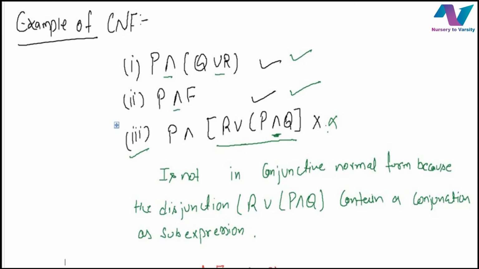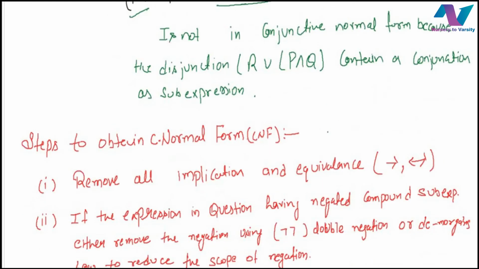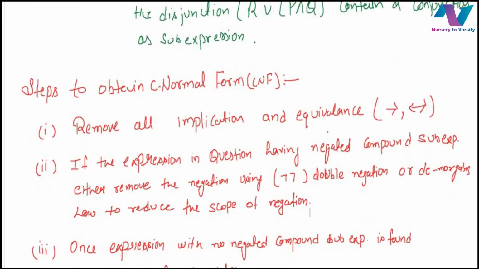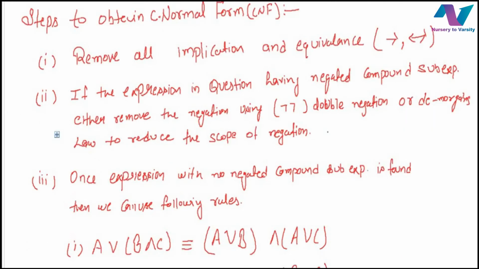So here we have a few steps from which we are able to get CNF. These are only 3 and the easiest steps, so let's discuss them. First and foremost, we have to remove the implication and equivalence symbols from the given expression.